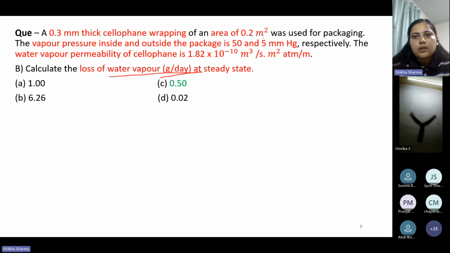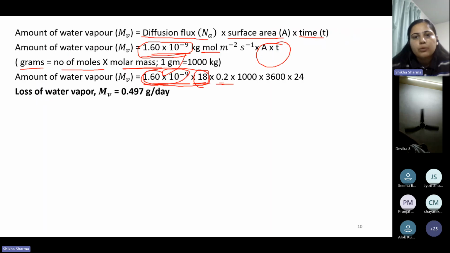so the given surface area is 0.2. So 0.2, and then this value is for the time, so we need to calculate in days. So 60 seconds into 60 minutes into 24 hours in one day.